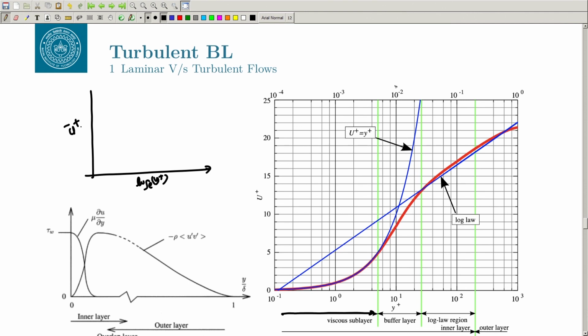Now, what is there in the viscous sublayer? u plus is equal to y plus. This is the viscous sublayer. So, how will it look in this curve? It will go like this.